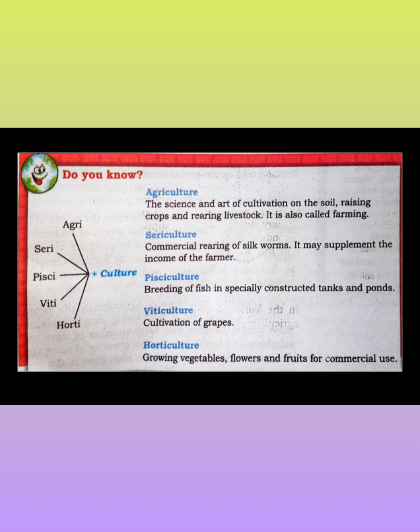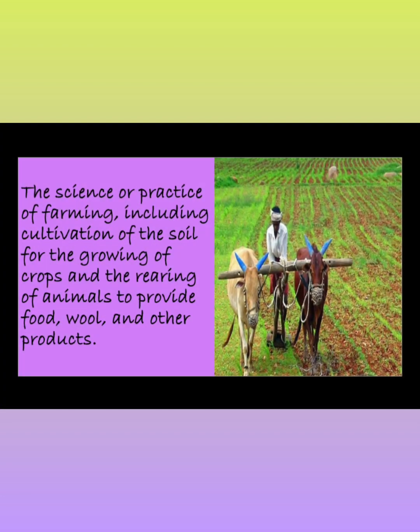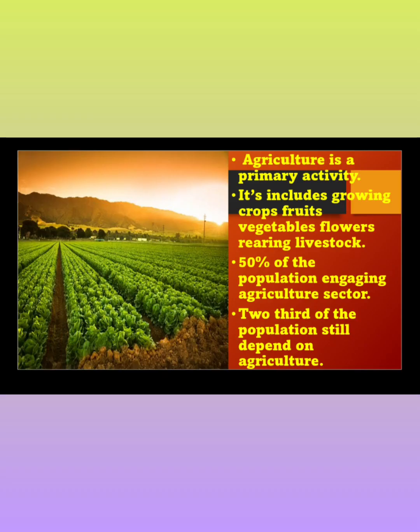Approximately 50% of persons are engaged in agricultural activity. Two-thirds of India's population is still dependent on agriculture.